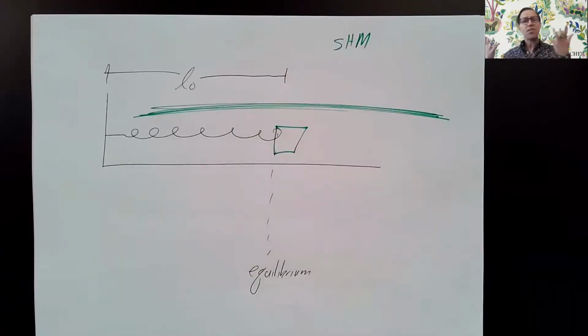Now, are there things that go back and forth and back and forth that are not governed by a restoring force? Yes. Have you ever, maybe in PE class, sometimes they have you do this exercise where you sprint 10 meters down the field and touch the ground, and then sprint back and touch the ground.